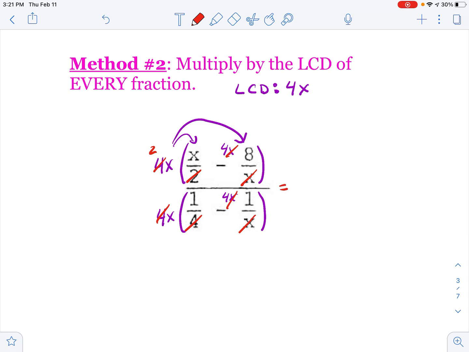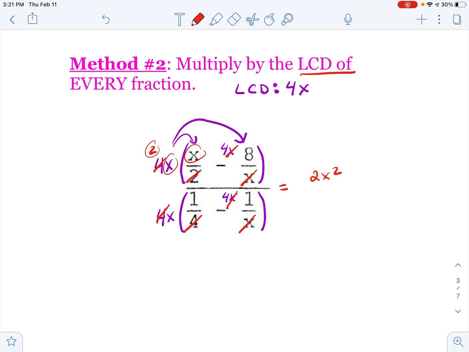Okay, so what actually happens when we multiply by the least common denominator is that every denominator drops out, right? We get rid of the 2, the x, the 4, and the x in all the individual fractions, and we are just left with their numerators. So for this case, we have 2 times x, which is 2x squared.